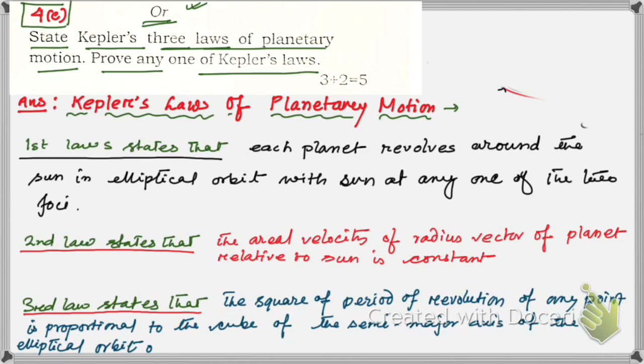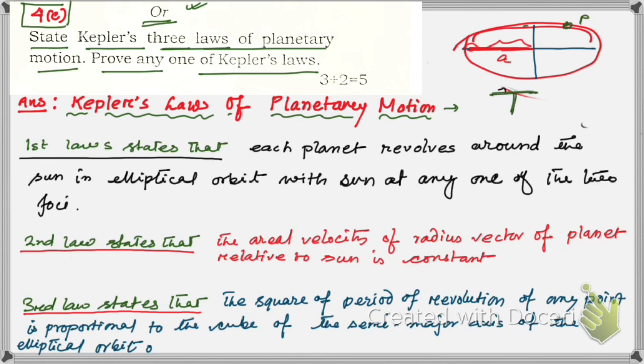This is the elliptical orbit. An ellipse has two axes. This one is called the major axis, and this one is called the minor axis. Semi-major axis means the length of this one. Suppose this is A. If the semi-major axis is A, then the time period of revolution, this planet P takes time capital T to complete one revolution, then the square of this must be proportional to the cube of the semi-major axis, right? So this is the third law.